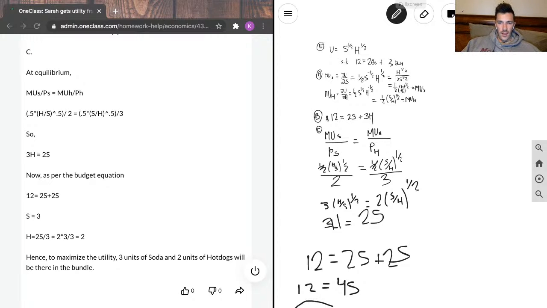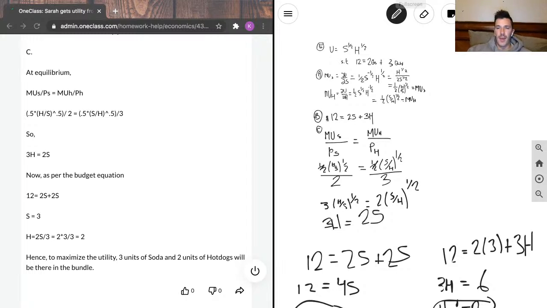Going back to our budget equation, 12 equals 2 times 3 plus 3H. H is then going to equal 2. So our utility maximizing amount of soda is 3, and of hot dogs is 2.